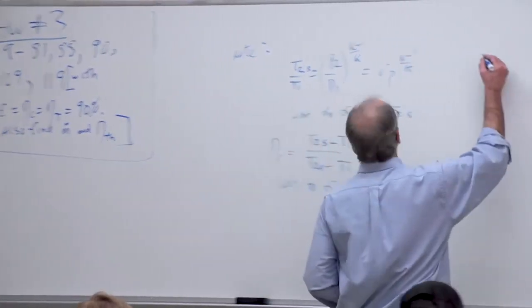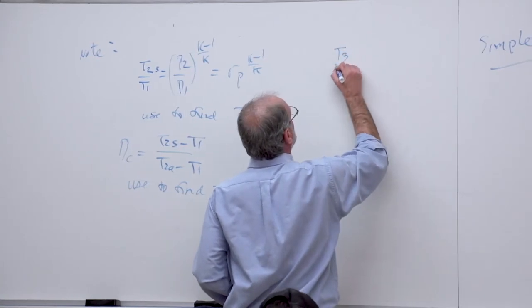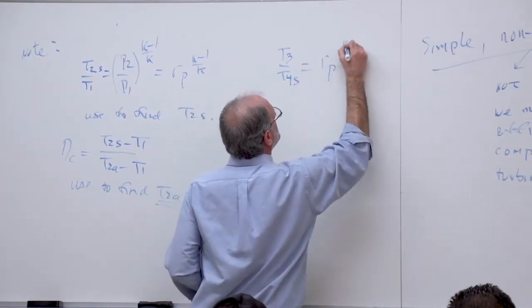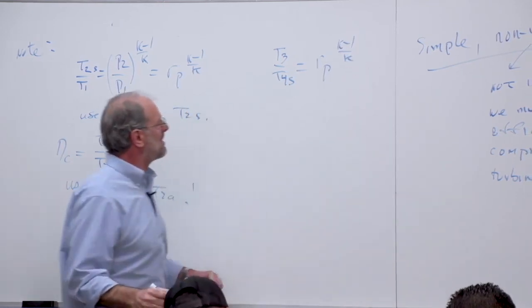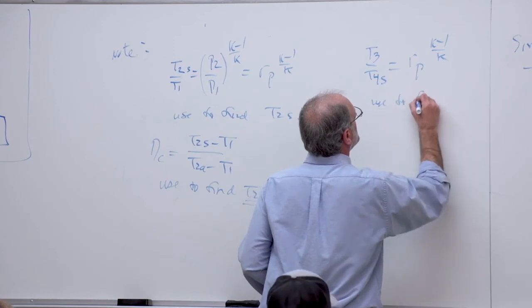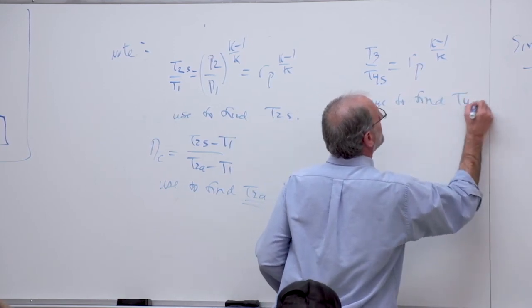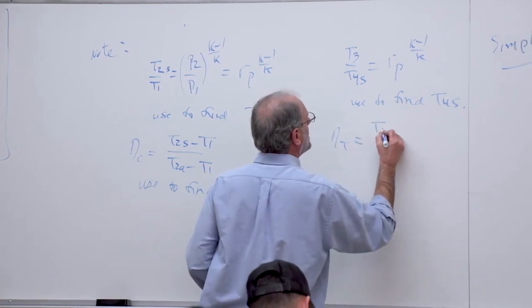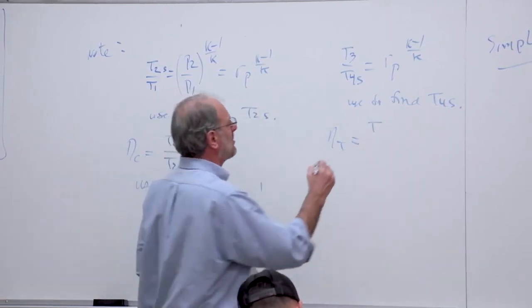And similarly, for our turbine, we know that T3 over T4s is going to equal the pressure ratio raised to the k minus 1 over k power. So we're going to use this in order to find T4s. And then we use the turbine's isentropic efficiency, which is now the actual over the ideal work.